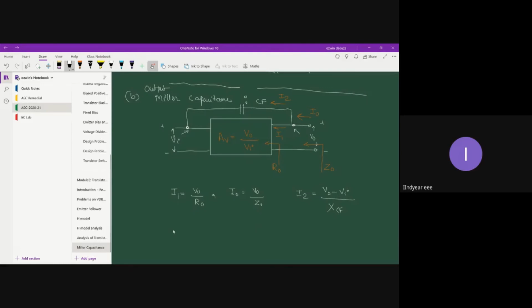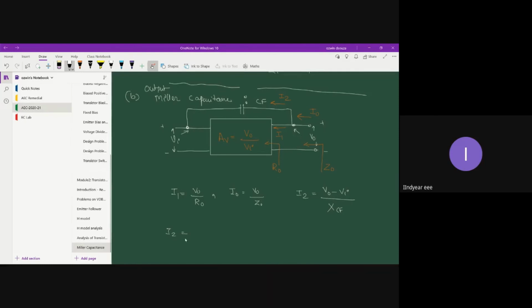Okay, I2 is equal to, now V0 can be taken as, we want output V0. That's because our analysis is starting from the output side.